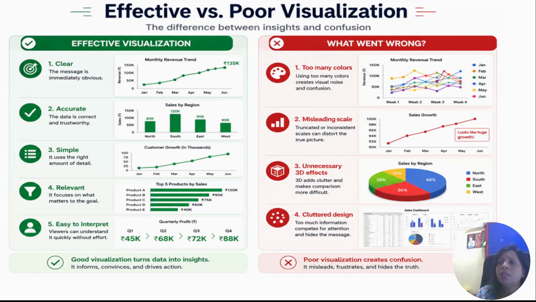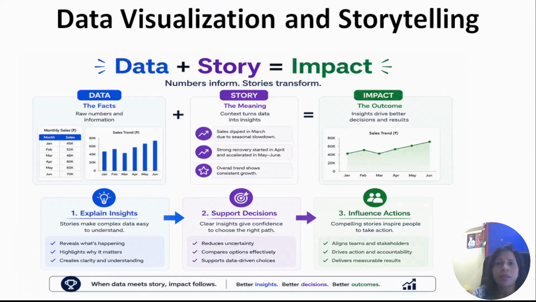Also, cluttered charts filled with excessive labels and graphics can overwhelm the viewers. So poor visualization can result in incorrect interpretations and poor decisions. So that's why designing effective visualization requires both technical knowledge and thoughtful presentation.